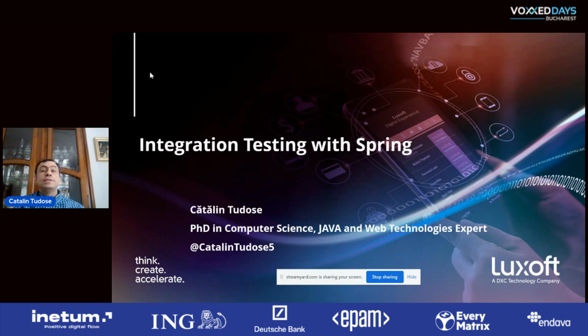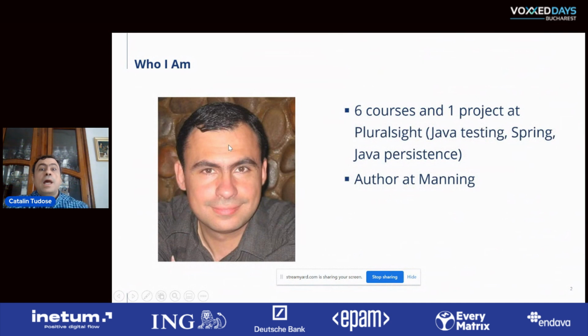I'm Catalin Tudose. A few things about myself. I have a PhD in computer science, and I'm currently acting as a Java and web technologies expert at Luxoft Romania in Bucharest. Also, I am an author of 6 courses and 1 project at Pluralsight. I'm author at Manning.